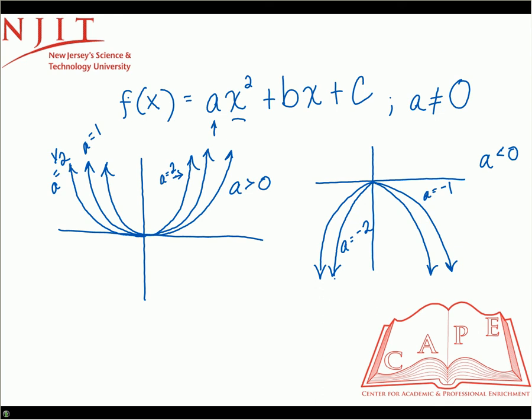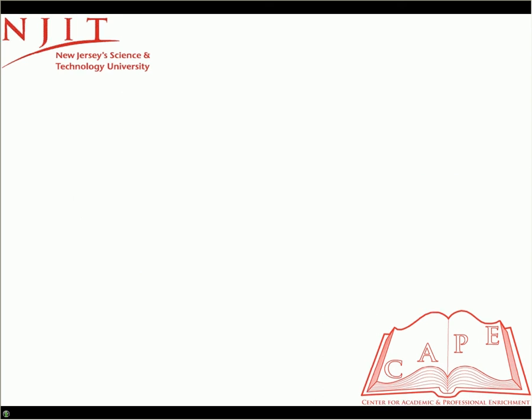So the next topic is expressing the quadratic function in standard form. The form that we previously saw, ax squared plus bx plus c, is one of the forms that we typically see in an equation.